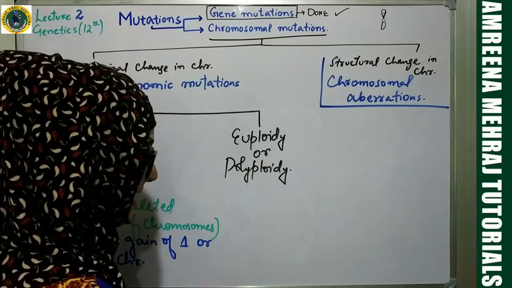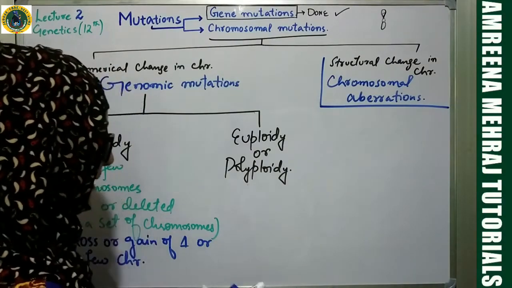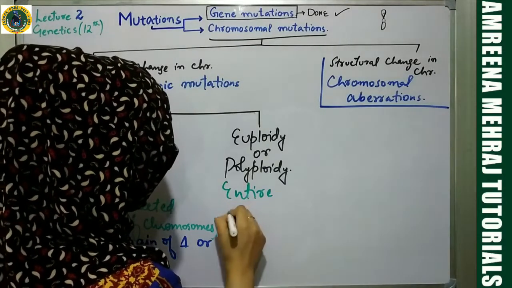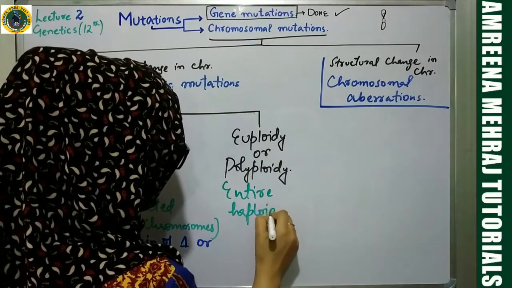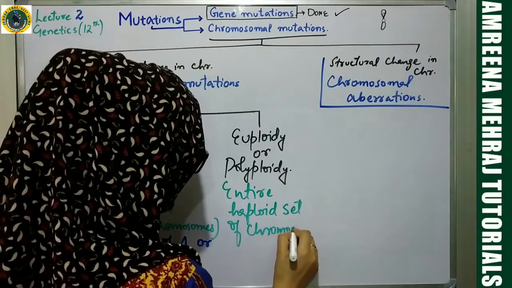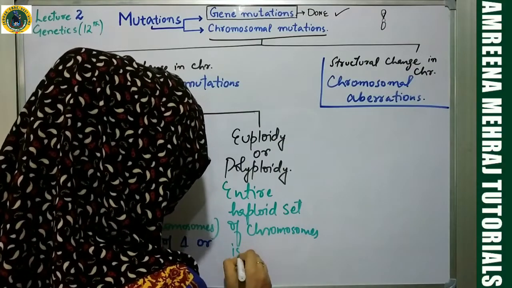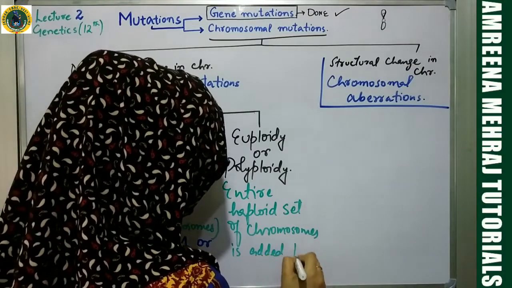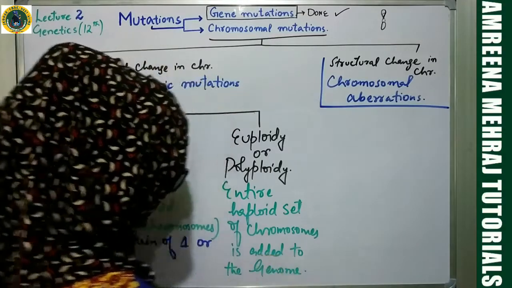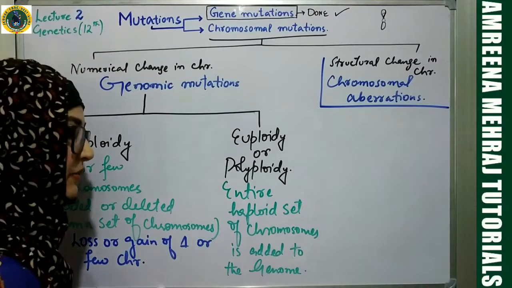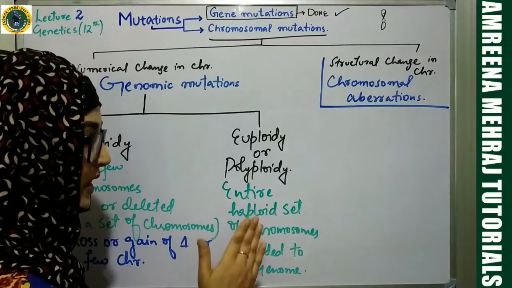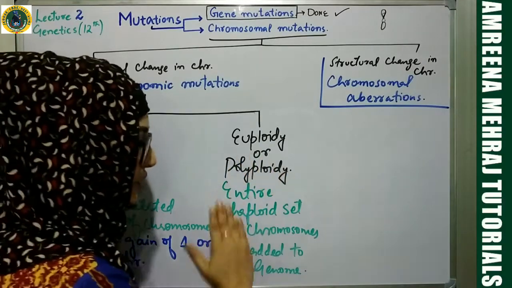You will see that an entire haploid set of chromosomes is added to the genome of an organism. Suppose a normal organism is diploid. So he or she is having two sets of chromosomes.